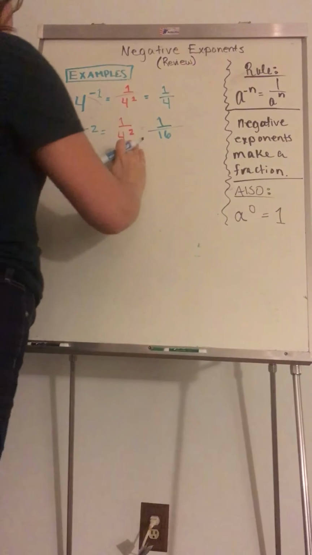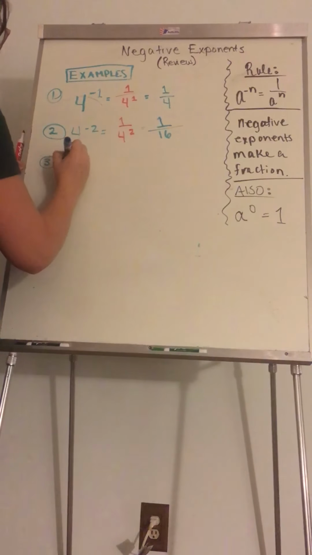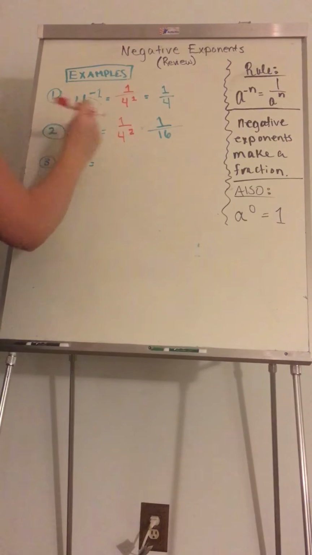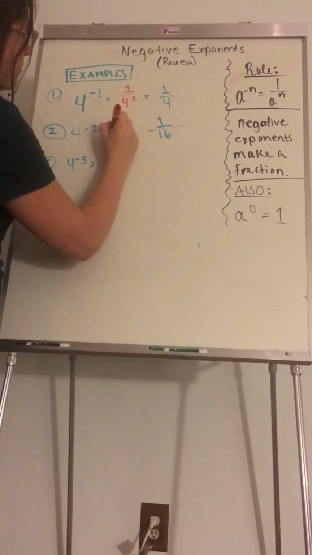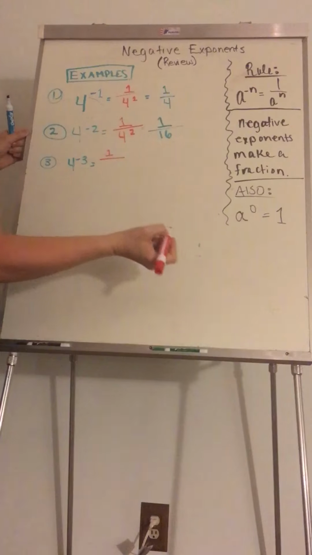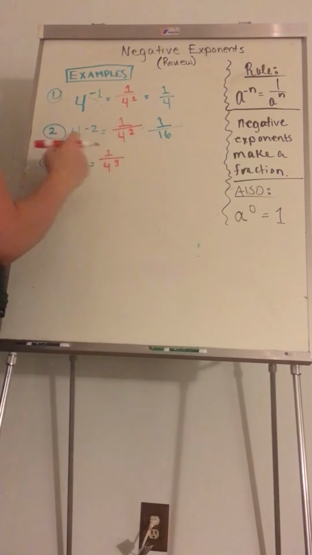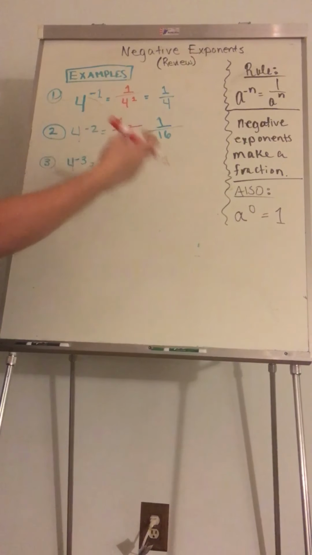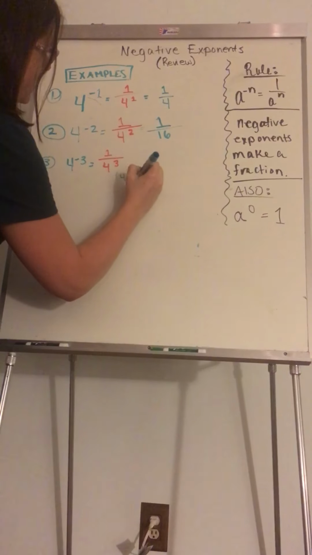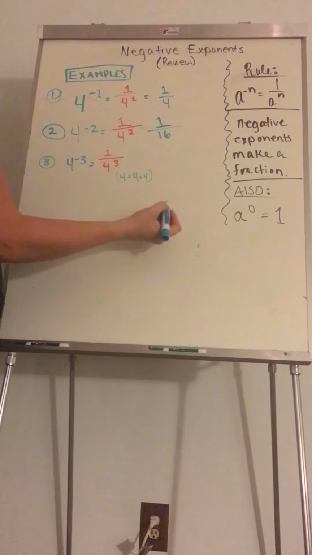Now, let's say number 3 will be 4 to the negative 3 power. Okay? That will then be 1 over, there's my fraction bar this time, 4 to the 3rd power. Which will then be 4 times 4 times 4. 4 times 4 is 16. 16 times 4 is 64.